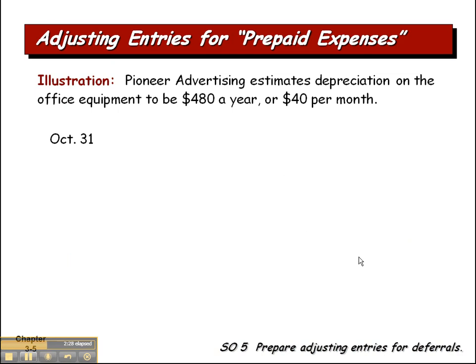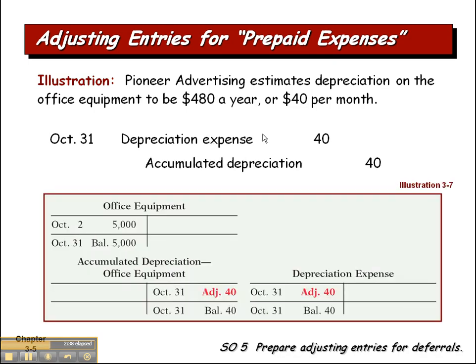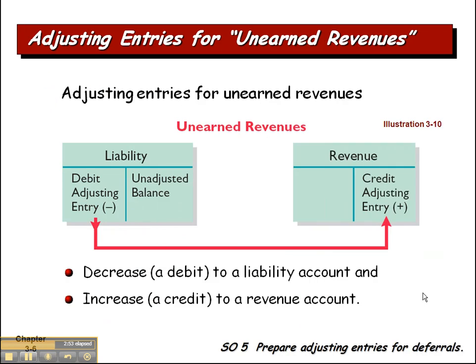An example: Pioneer Advertising estimates depreciation on the office equipment to be $480 a year or $40 a month. So that journal entry will be depreciation expense, debit, accumulated depreciation, credit. We will never touch the actual equipment. That always stays the same. So what we're doing is reducing the book value, not market value.